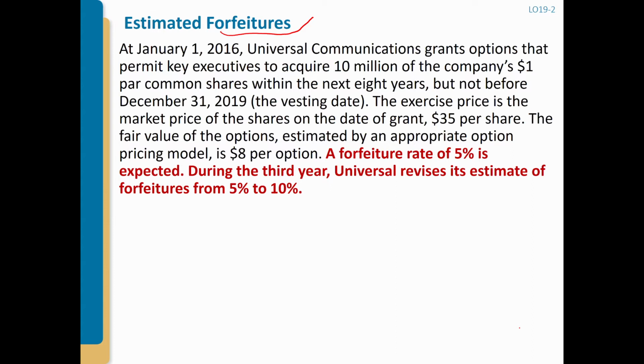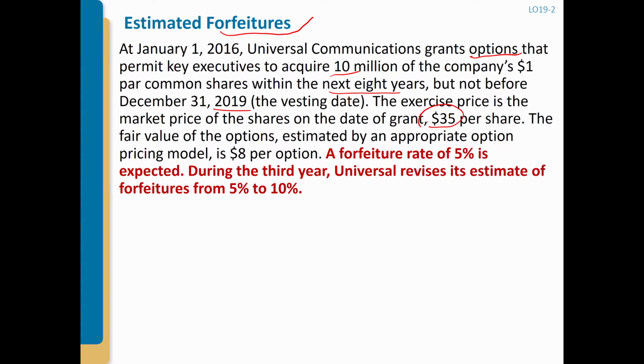Let's say in January 2016, the company grants stock options. This is the option, right? It permits the key executives to acquire 10 million shares within the next 8 years, but not before this. This is the same example. This is called the vesting date. The exercise price is the market price of the share on the date of grant, $35.